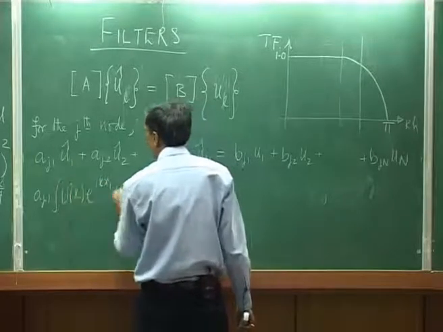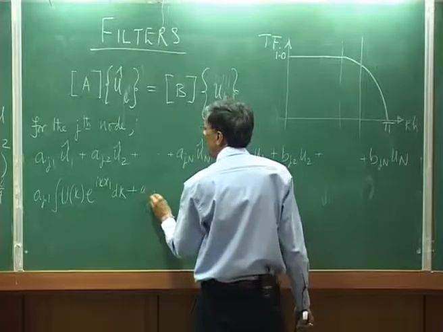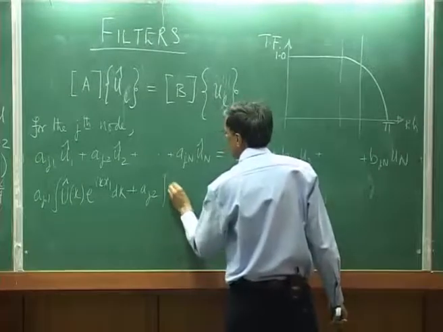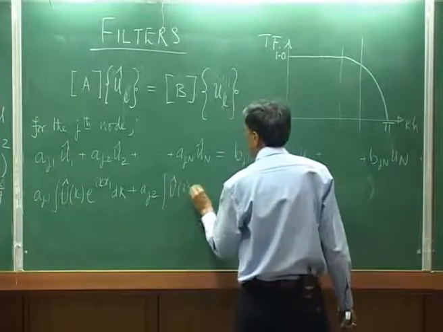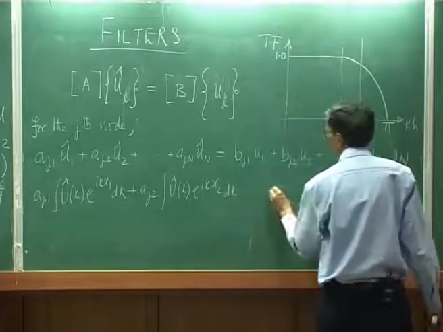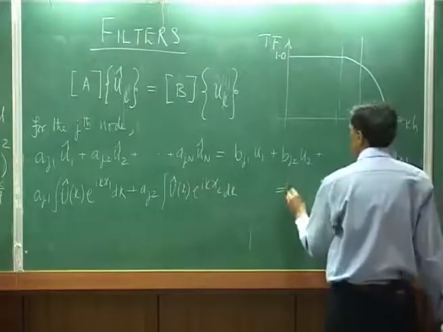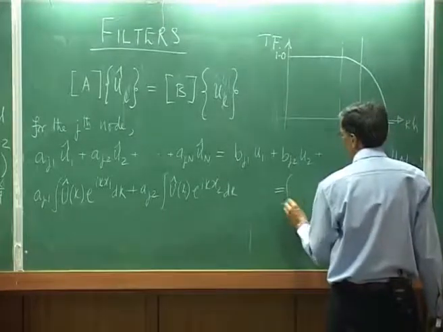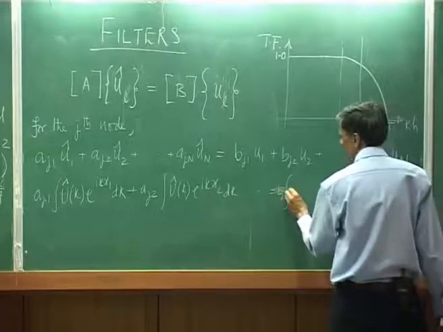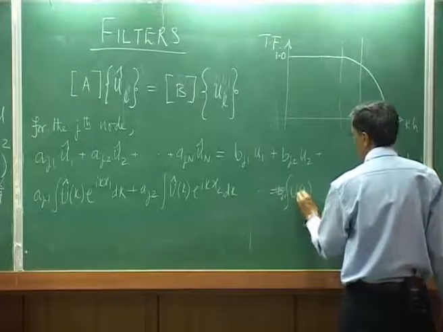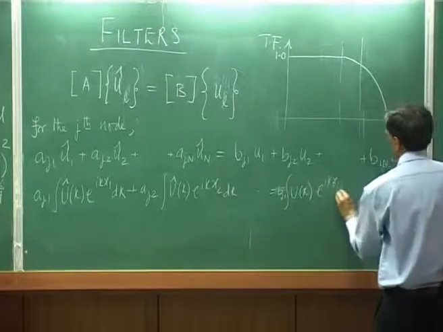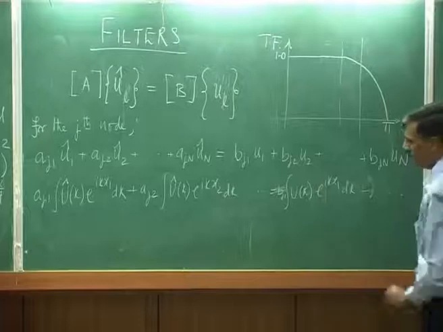So that is this term, and then I could write A j2 u hat of k e to the power I k x2 dk, and so on and so forth, equal to the same thing on this side. You can keep the b j1 outside, and you will get u hat of k e to the power I k x1 dk, and so on and so forth.